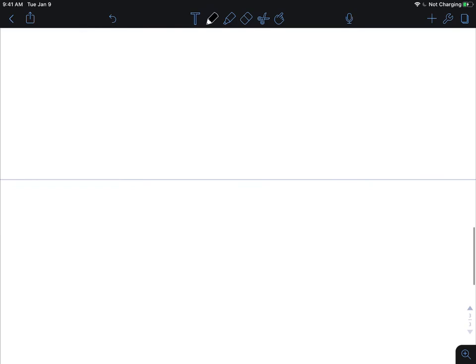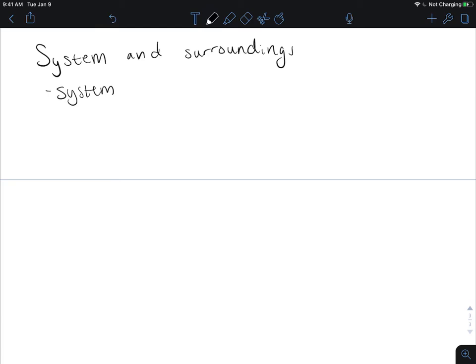Now that we know the units, let's look a little bit more at energy. We're looking at energy transformations, or the transfer of energy, looking at both our system and surroundings. Our system is going to be the thing we're observing or studying. And this could be a reaction, so the molecules involved in a reaction.